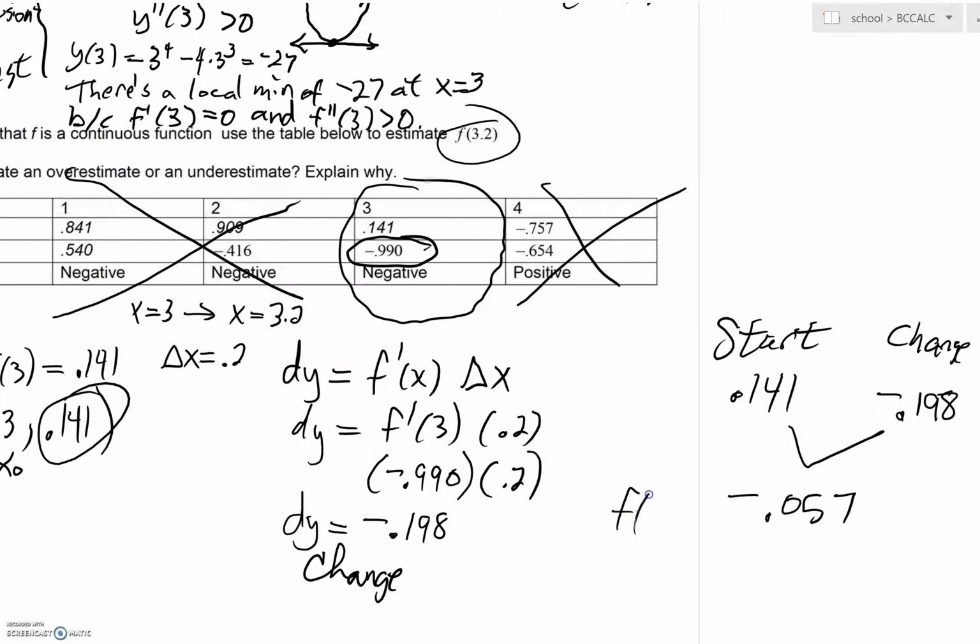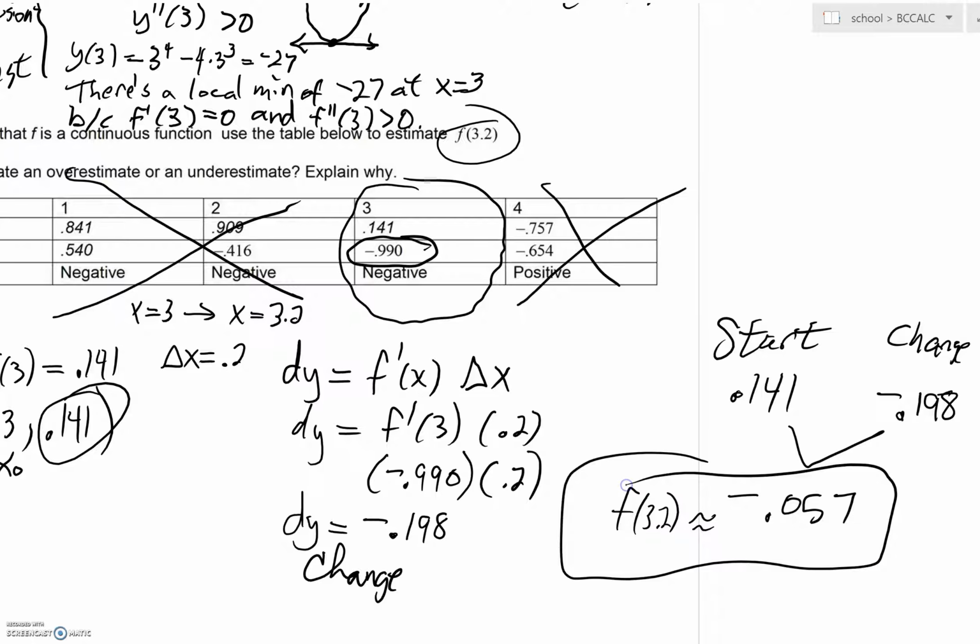So someone could say, hey, what is f of 3.2? What do you think it's approximately equal to? Well, I would say it's pretty close right here to negative 0.057.